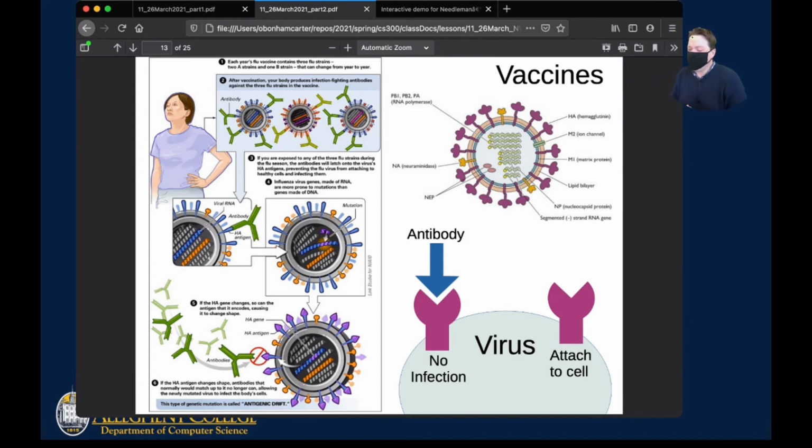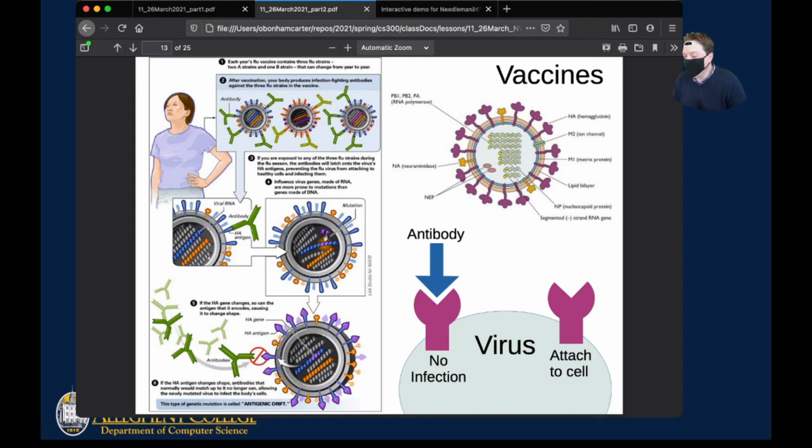So what vaccines do, as you can see right here, is basically produce what are called antibodies, which are your immune system's natural response to fighting off infection. These antibodies are produced in mass in your body, and then they stick to these spike proteins which exist on the outside of the viruses. So what does that do?